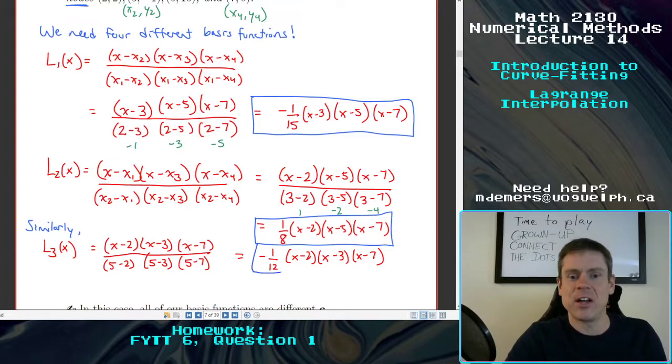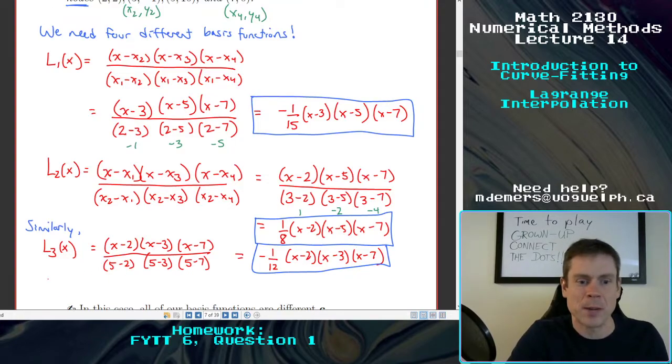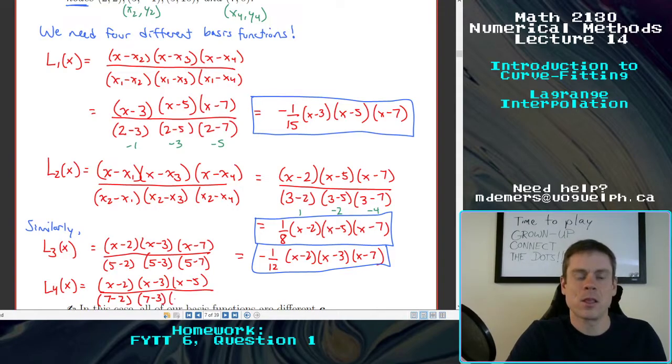It's a little bit of a slog, but it's kind of cool that we have the tools to be able to put this together without too much problem. And L4, finally, is going to be x minus 2, x minus 3, x minus 5, the first, second, and third, over 7 minus 2, 7 minus 3, and 7 minus 5.